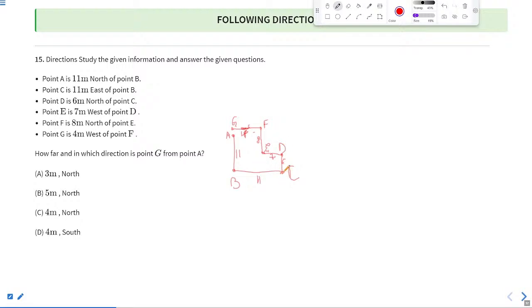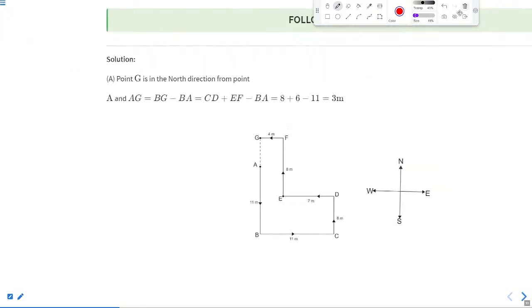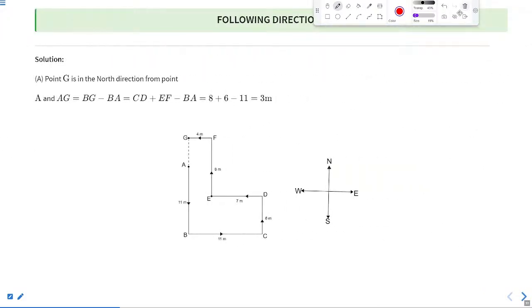Also moving in the northward direction, therefore, AB is 11 meters south, while CD and EF equal 8 plus 6 meters north, which is 14 meters north. So we have a difference of 14 minus 11, 3 meters north. Answer is A, 3 meters north. Again, from the diagram, we can confirm this is true. Answer is 3 meters north.